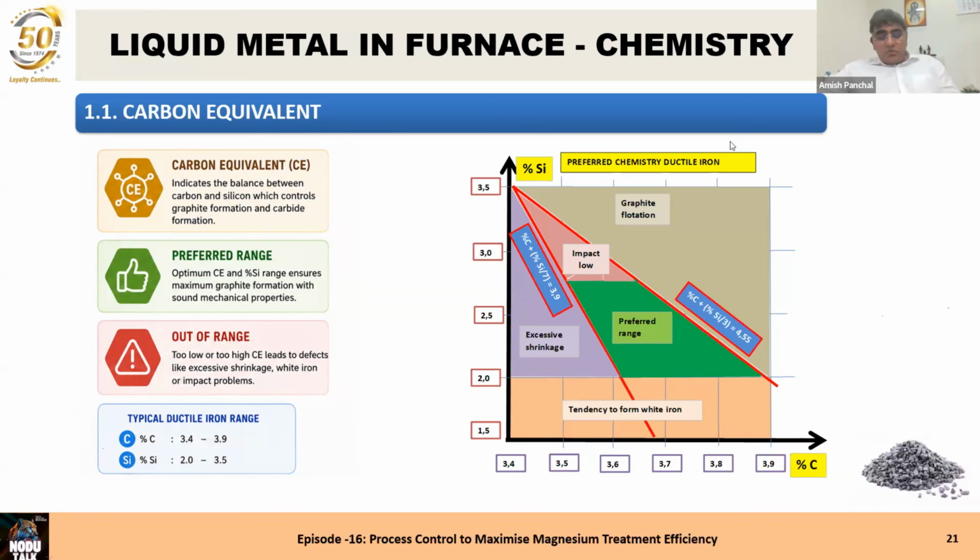So every time you don't have to remove the cover and transfer the metal to the pouring ladle. That is available. After this, I can send you the different types of tundish cover available in the market. May I know your good name, please, sir? I'm Amish Panchal from Kastwel.